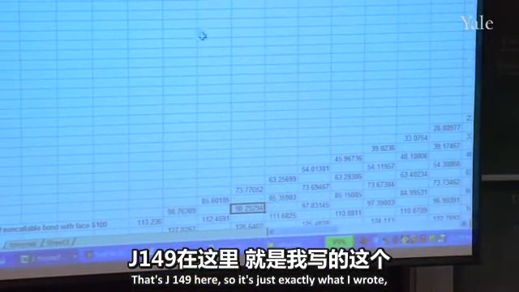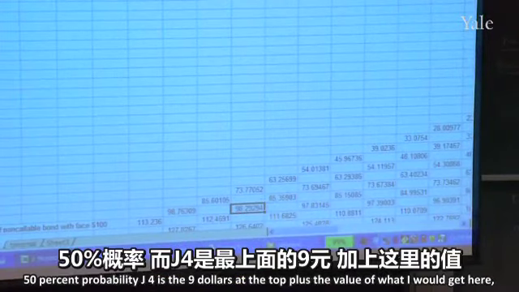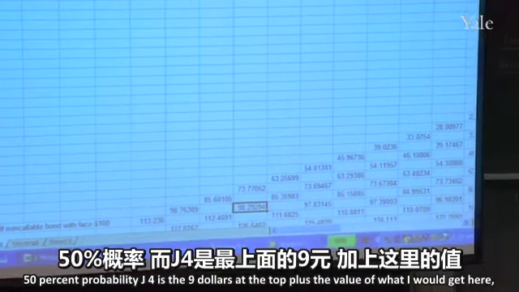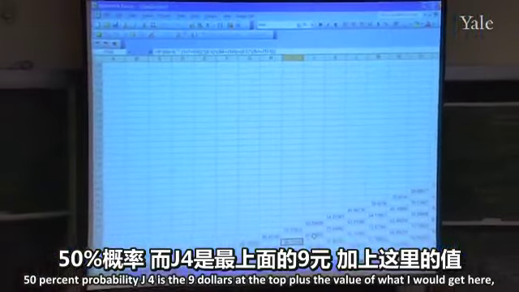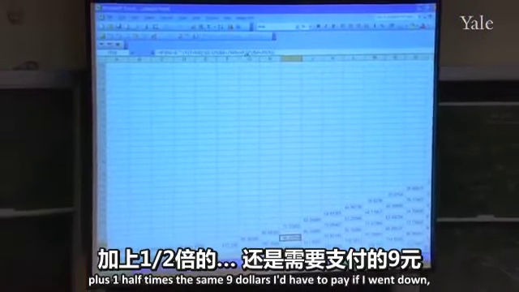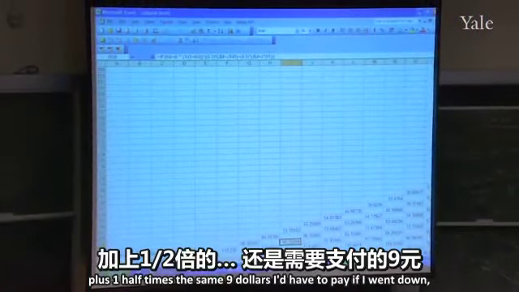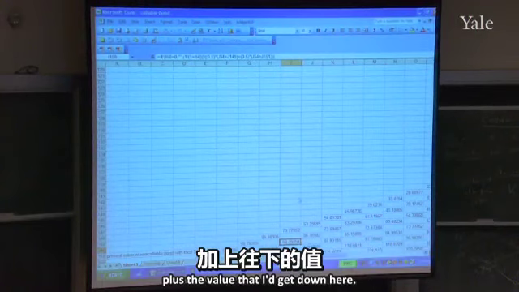So it's just exactly what I wrote. 50% probability, the $9 at the top, plus the value of what I would get here, plus a half times the same $9 if I'd have to pay if I went down, plus the value that I'd get down here.